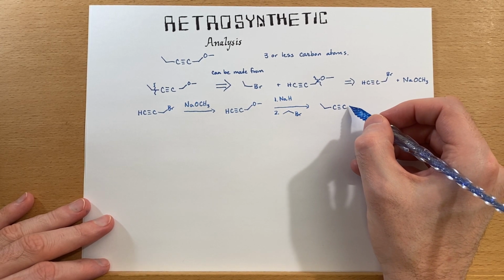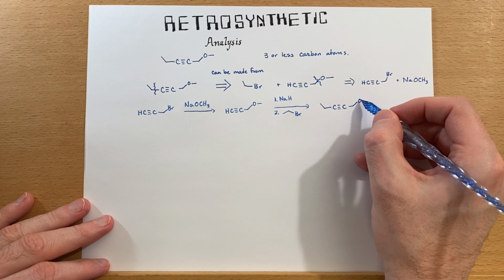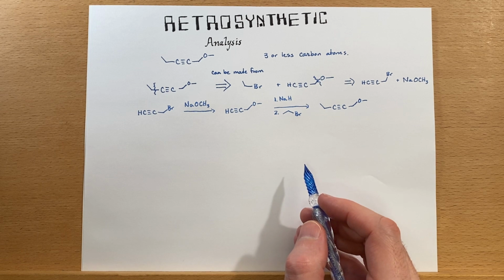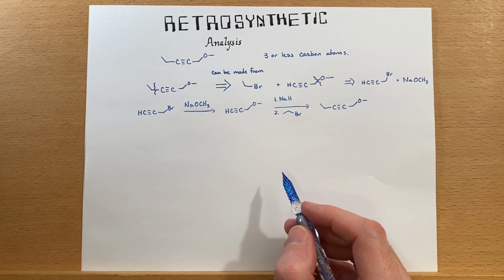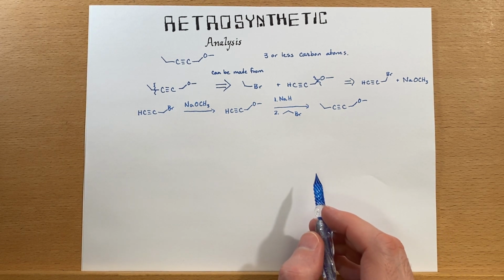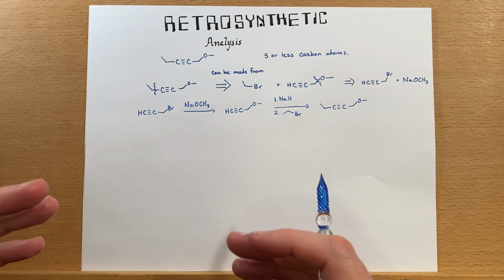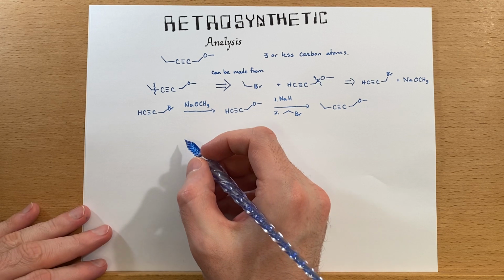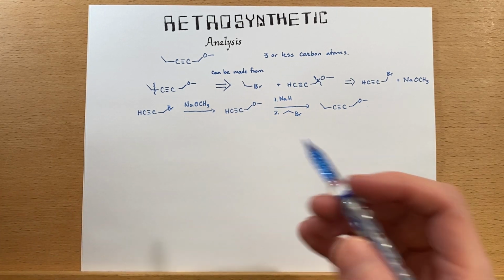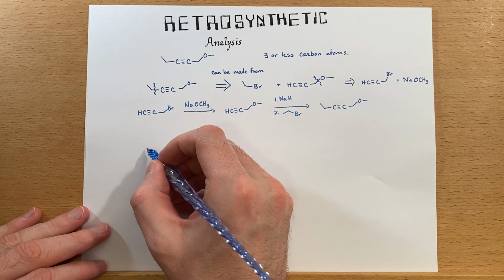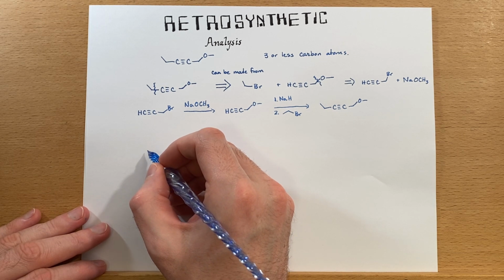Now, this is one option for making this molecule, but there is usually more than one way to conduct a synthesis, especially when it gets to be complicated. Now, there's ways that we could use to decide which ones would be better, but let's look at this for now.